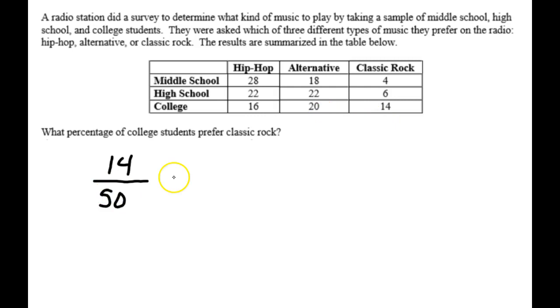So if we take 14 divided by 50, that is equal to 0.28, which would be 28%. So out of the 3 options, hip-hop, alternative, or classic rock, 28% of college students prefer classic rock.